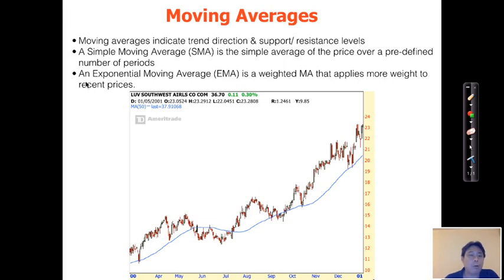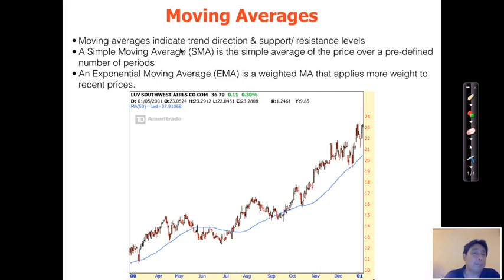Now, I also use exponential moving averages. The difference is that for an EMA, the computer doesn't take 50 days and divide it equally. It places more weight on recent prices as compared to prices that were further back. Okay, it applies more weight to recent prices, so it is a weighted moving average. So people often ask, which is better?